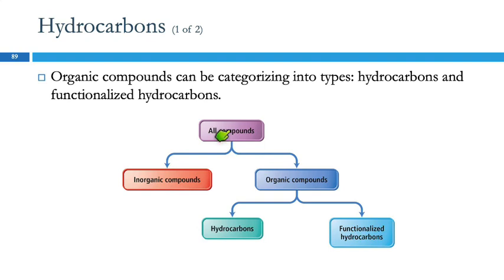So we can take all compounds and we can divide them into inorganic and organic. We can take organic compounds and divide them into hydrocarbons, which should just be carbon and hydrogen, or functionalized hydrocarbons. So these have something special about them.